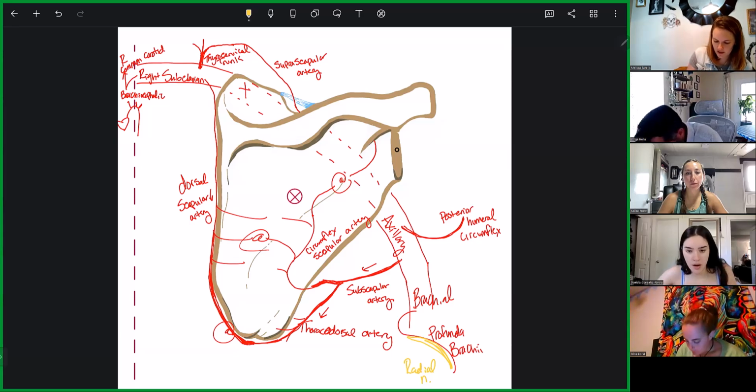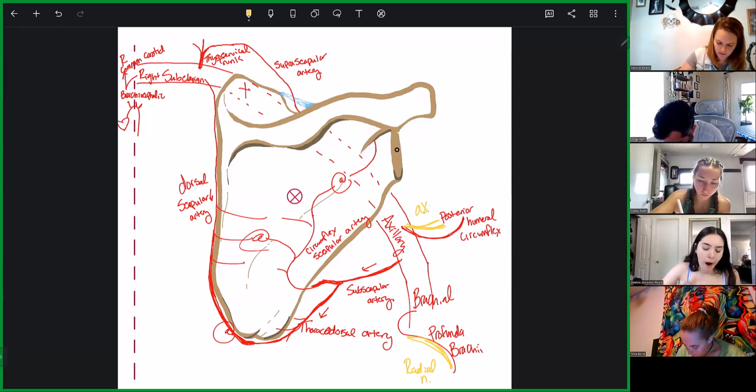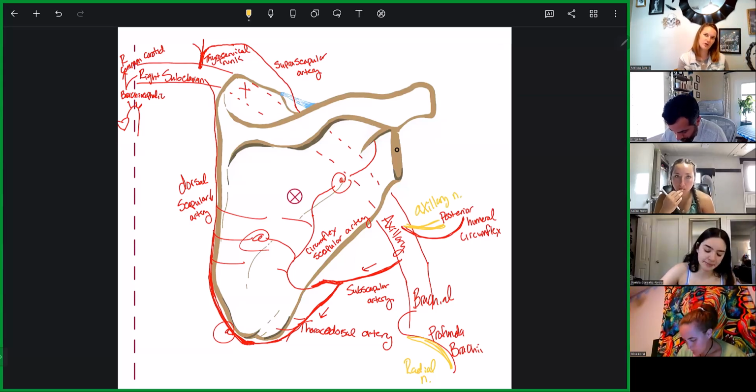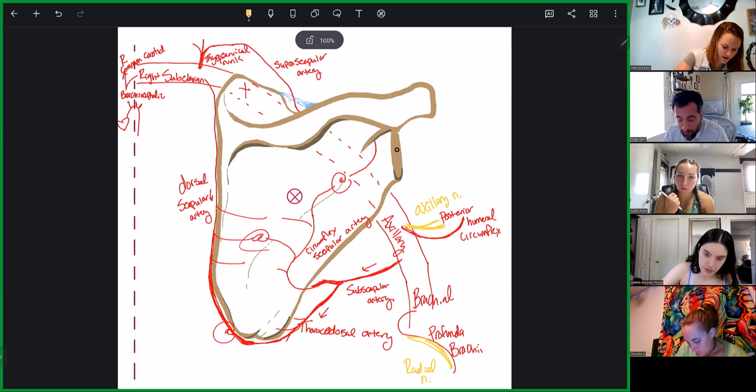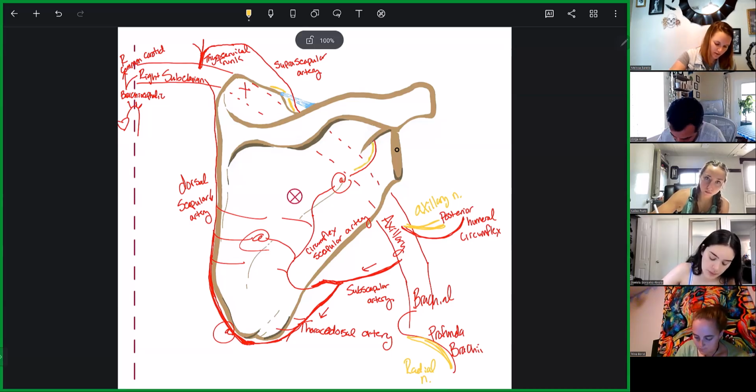I'm going to throw the axillary nerve alongside the posterior humeral circumflex. I could also have a nerve sneaking from underneath that transverse scapular ligament going with that suprascapular artery.